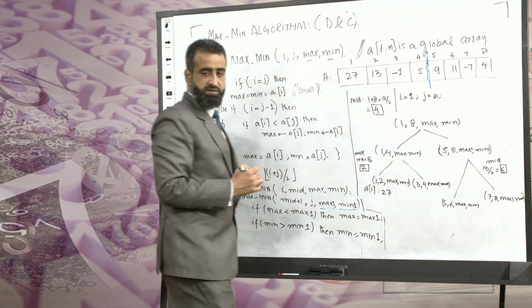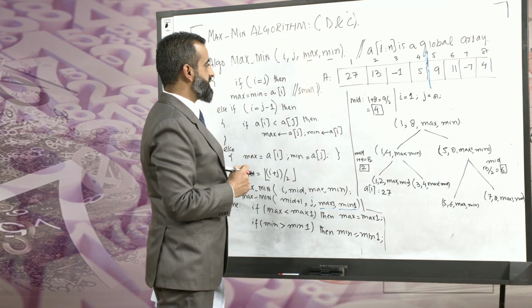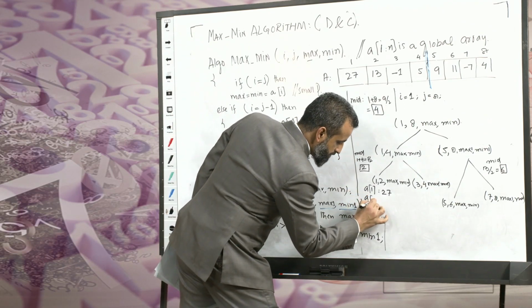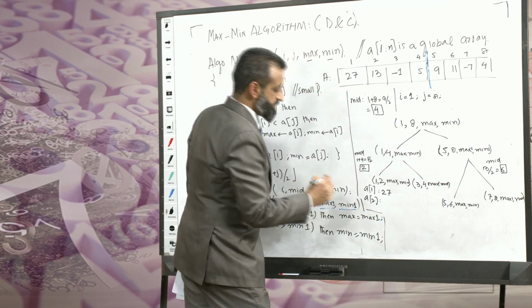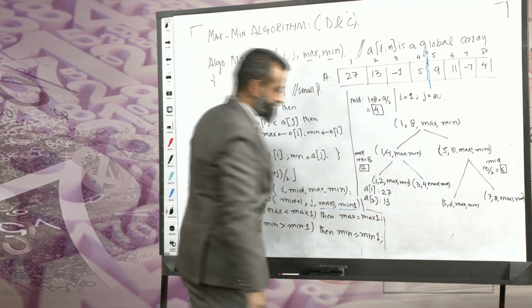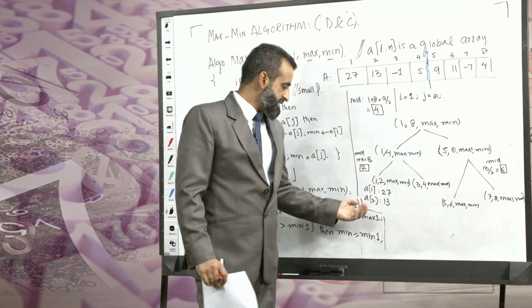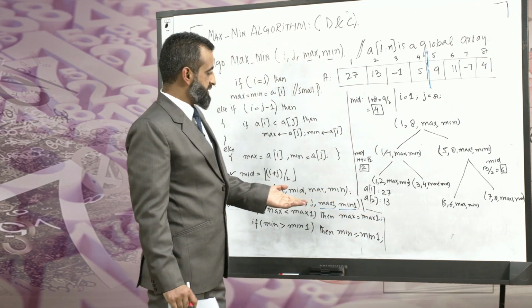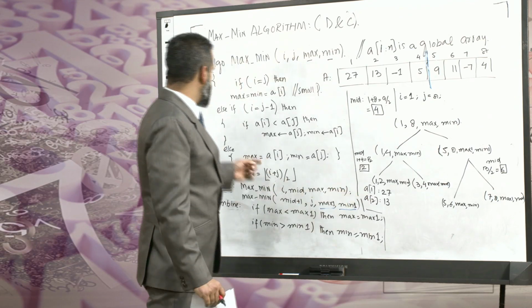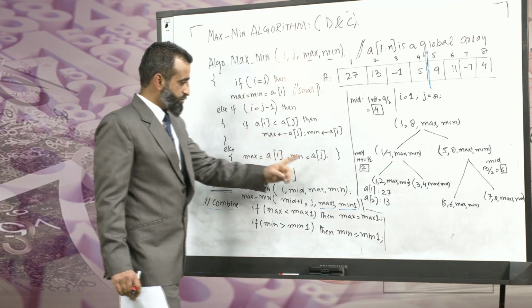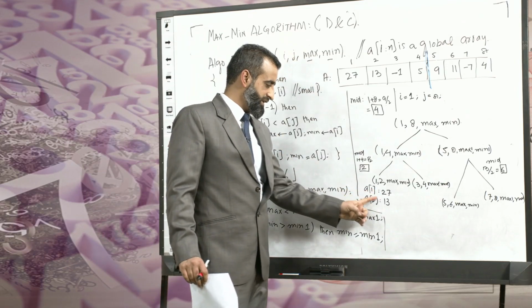It's very simple to understand it from this point of view. If I check my a of 2, now a of 2 is pointing towards 13. If you make a comparison between these two, it's self-explanatory that I am comparing a of 1 with a of 2, and a of 1 obviously over here is the larger element than a of 2.